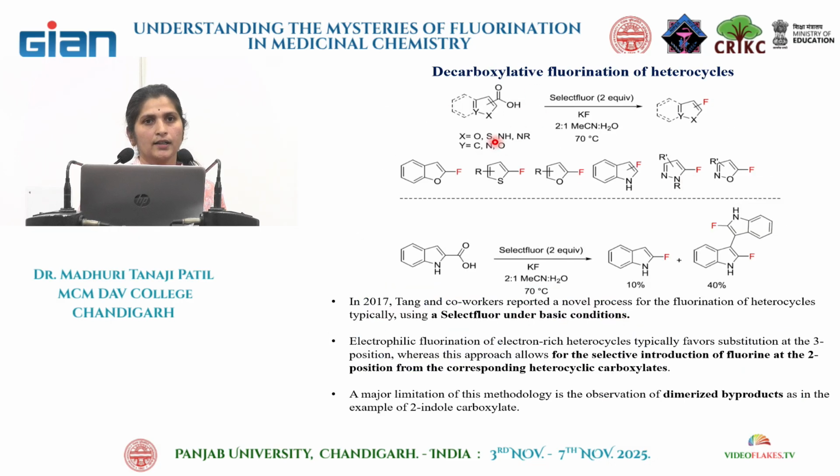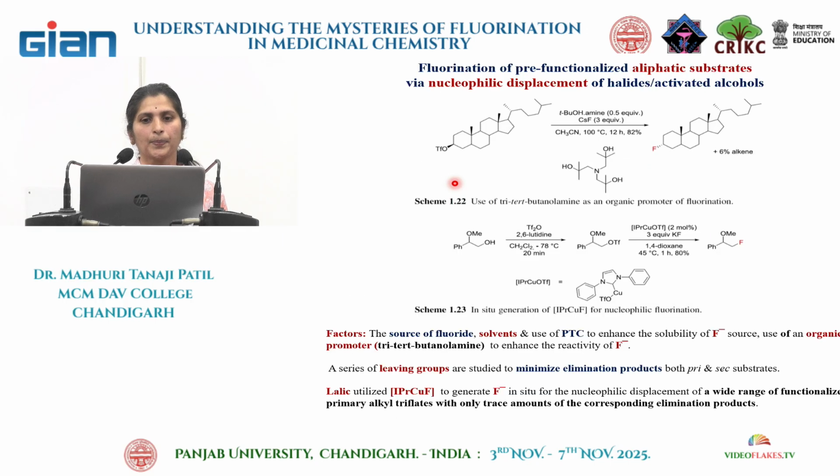If you do fluorination in case of an electron-rich aromatic system, a heteroaromatic system, usually you get fluorine at the third position. Okay, if you want to get fluorine at the second position, then what to do? You can use a carboxylate at the second position, and then you can easily introduce fluorine at that second position. Okay, so this is another method.